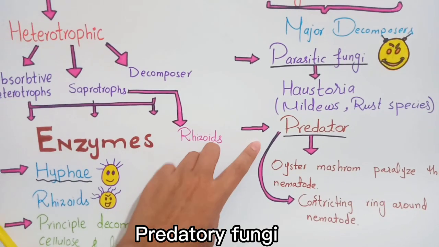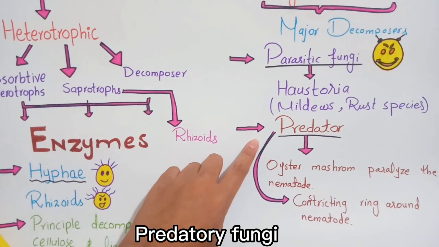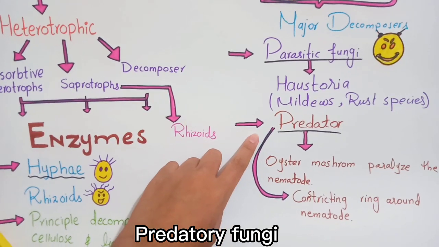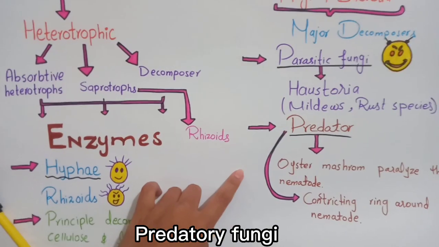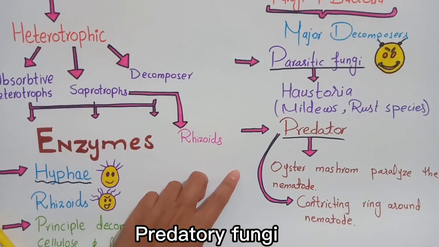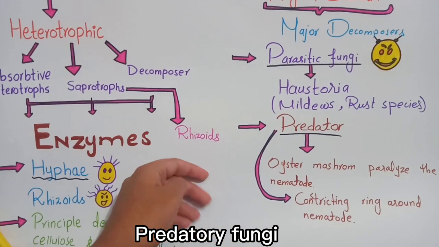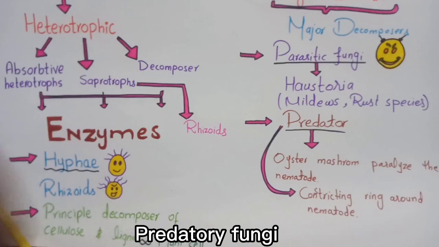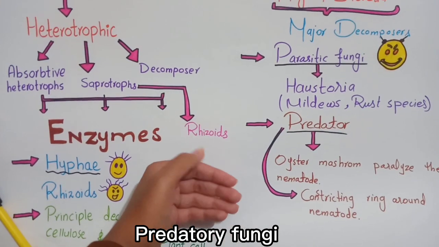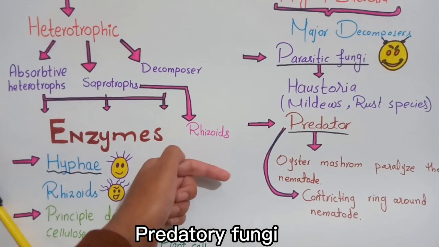In the predatory case, we have the example of the oyster mushroom, whose scientific name is Pleurotus ostreatus, which is a predatory omnivore fungus. It paralyzes the nematode. The poor nematode is the name of a roundworm.